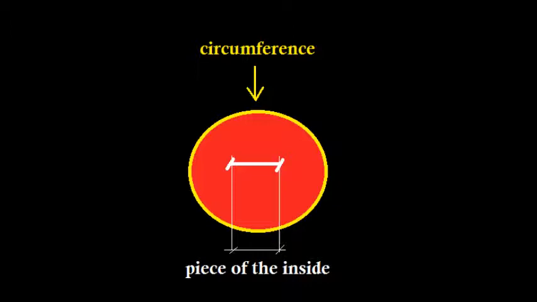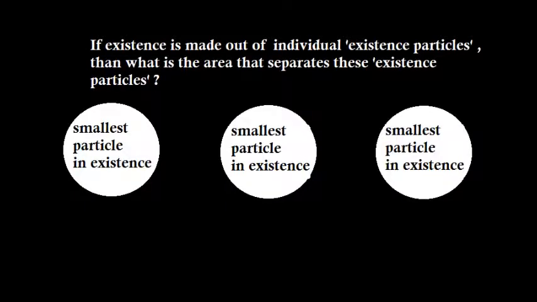That there always exists a smaller particle forever? Let's go back to my conclusion that particles can never be separated by non-existence. If there exists the smallest particle of existence, and if that particle is an individual particle, then what is separating these smallest particles?